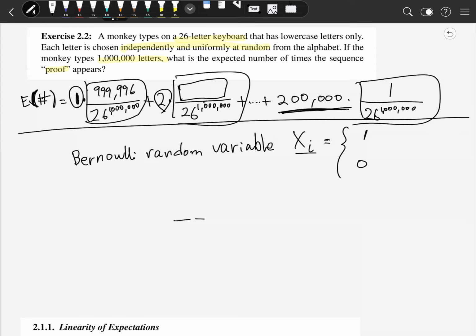So what this random variable does is, let's say this is the first letter, and if the sequence "proof" starts from the first letter, then X1 is going to be true, so it's going to be 1. If "proof" doesn't start from the first letter, X1 is going to be 0. That is the Bernoulli random variable.